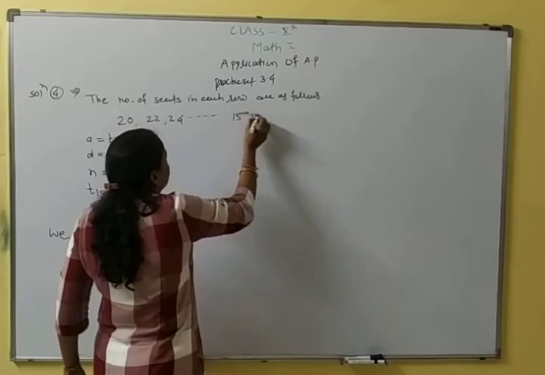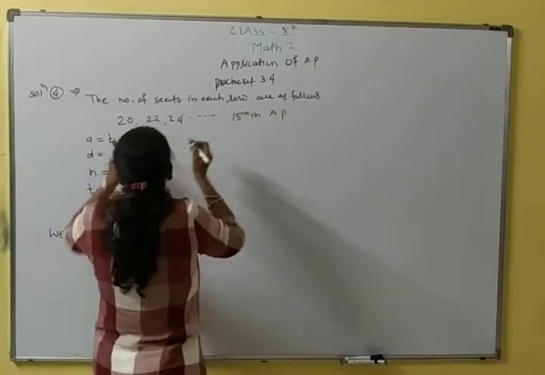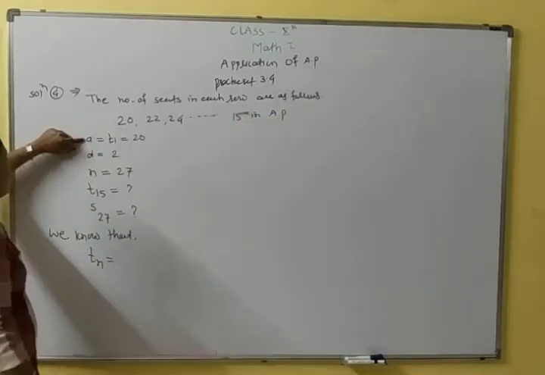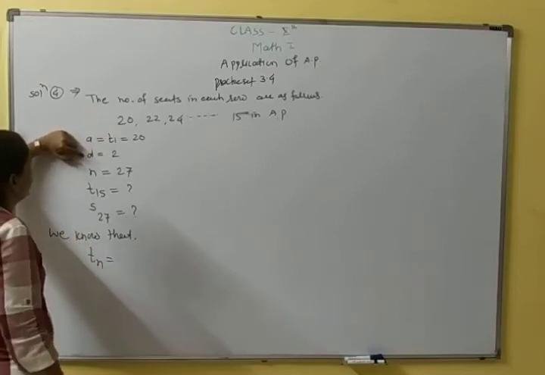We know that 20, 22, 24 is in AP. This is AP. So first term a equal to T1 equal to 20, difference 2, n equal to 27.